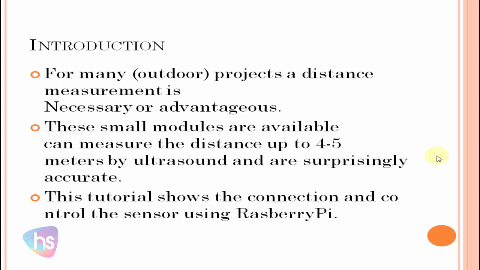It can be very useful. These small modules are available, can measure the distance up to 4-5 meters by ultrasound, and give surprisingly accurate details to the system. This tutorial shows the connection and control of the sensor using the Raspberry Pi module.